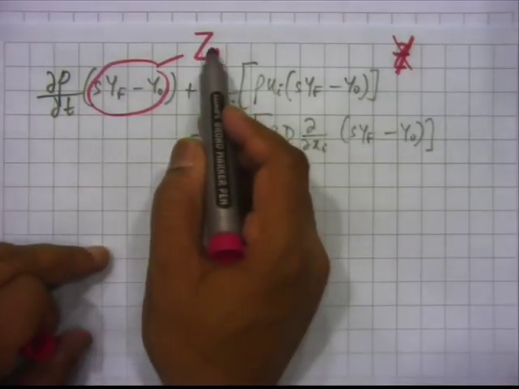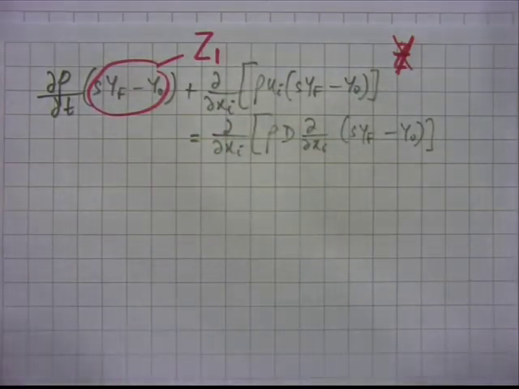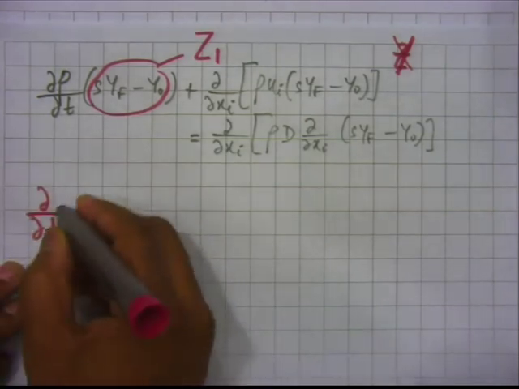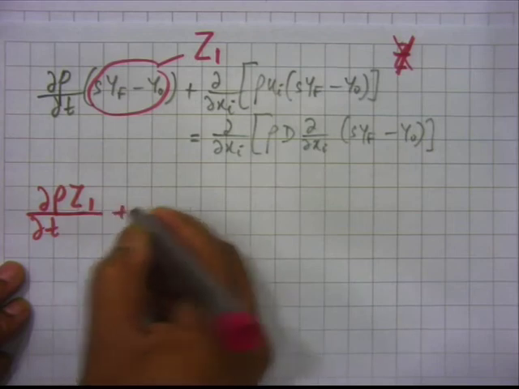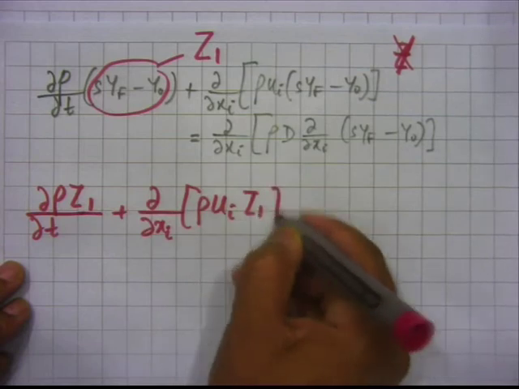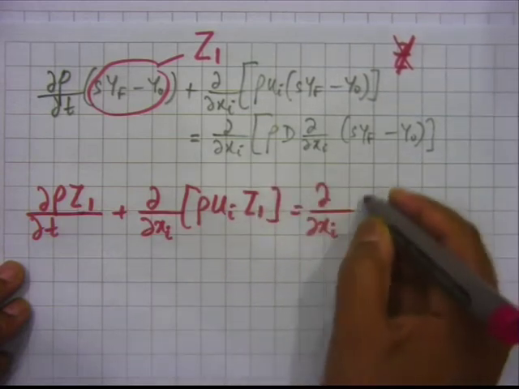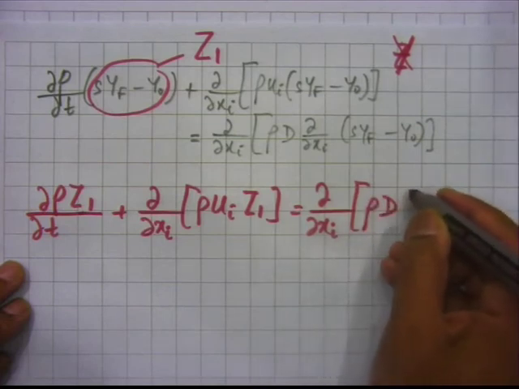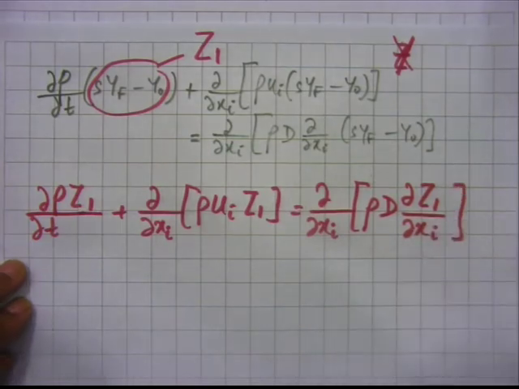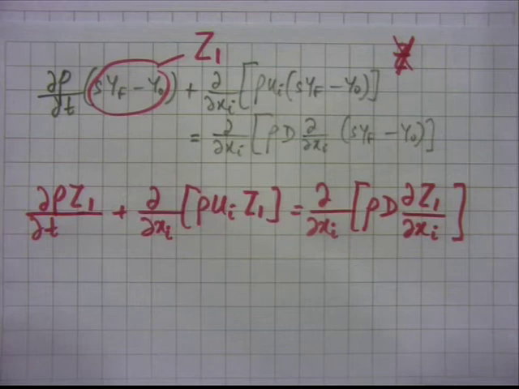So this is just capital Z1, and this means we got a nice equation for this variable which we call capital Z1, which is SYF minus YO. So this is a linear combination of two mass fractions.